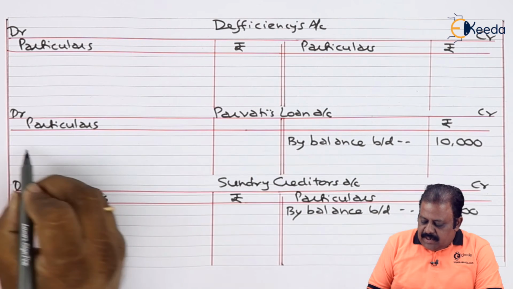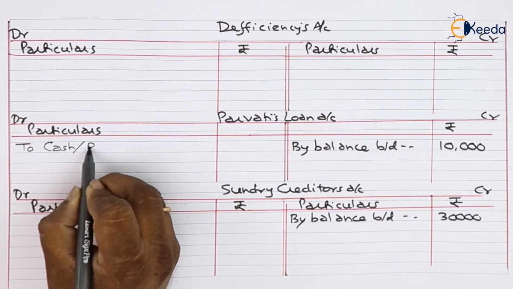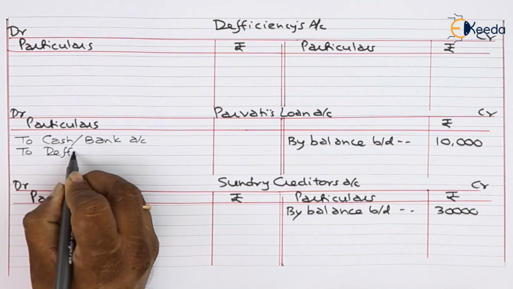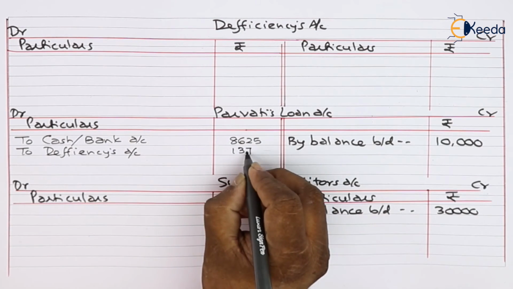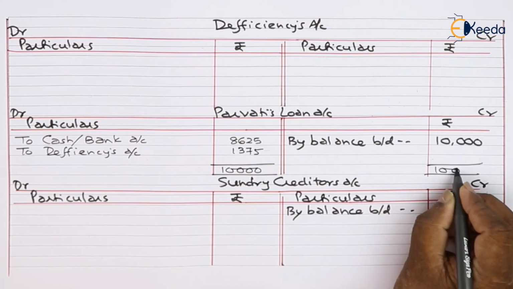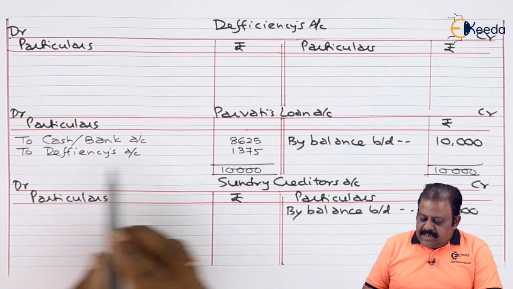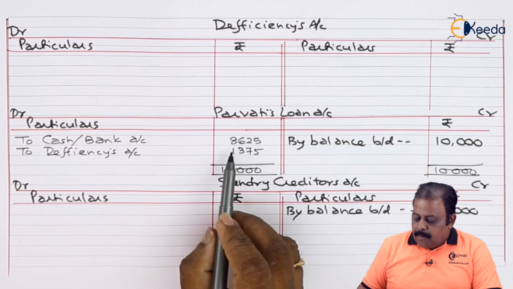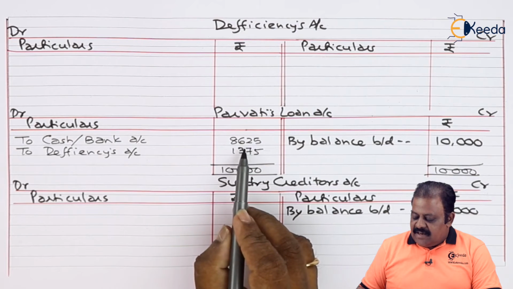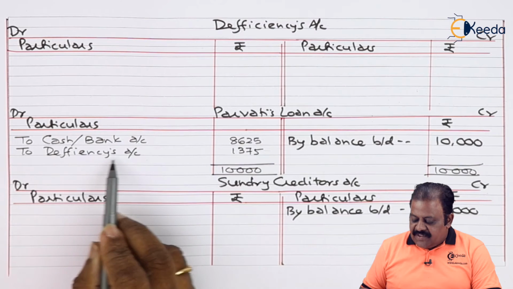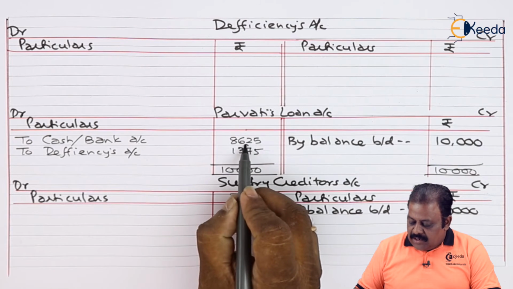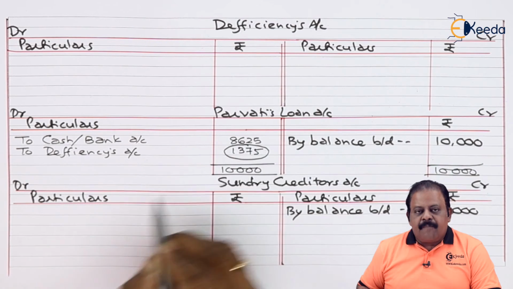Parvati's loan account debit side to cash bank for amount paid 8,625. Amount remaining unpaid transferred to deficiencies account, that is 1,375.